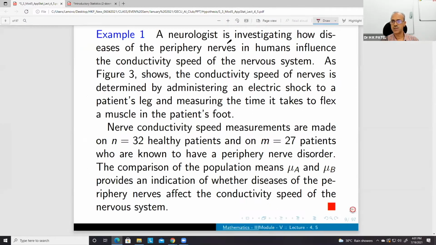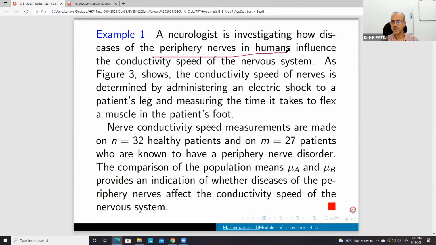A neurologist is investigating how disease of the peripheral nerves in humans influences the conductivity speed of the nervous system. So this is the problem.